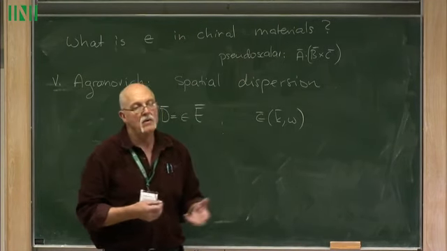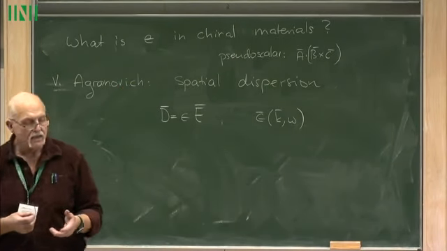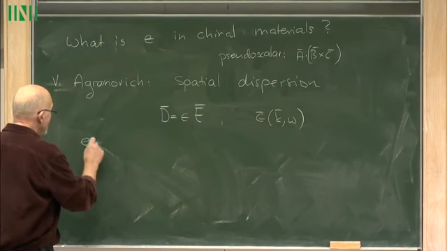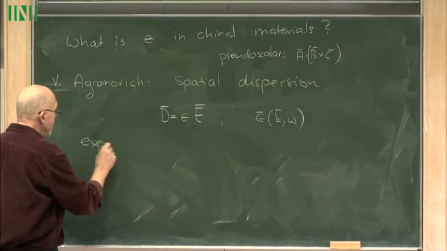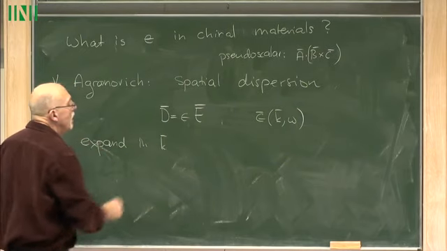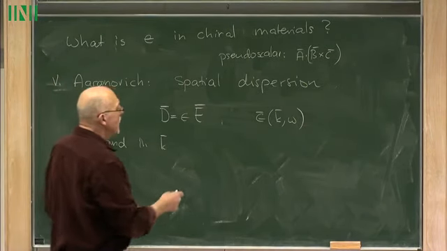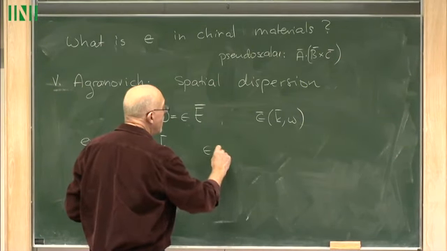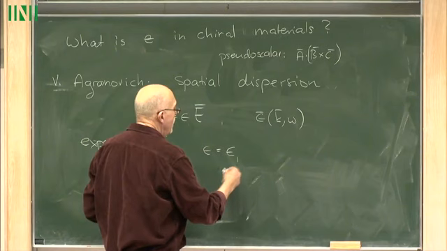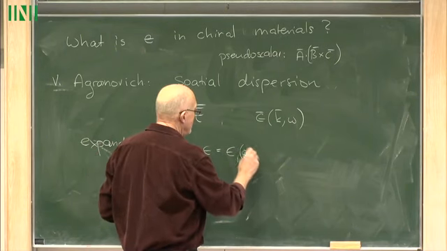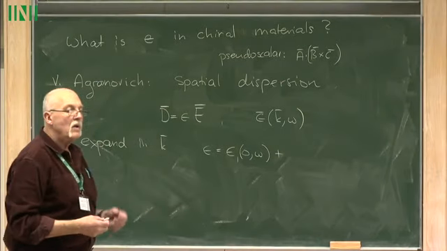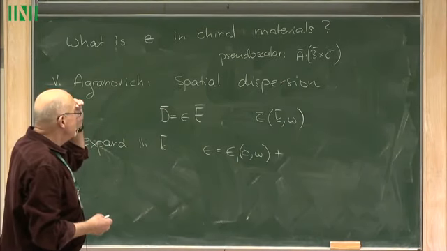Now we don't know really too much about the details of what happens, but the idea is that if epsilon really depends on k, then we can expand in powers of k, and so we would get, for example, epsilon being equal to some epsilon 1, which has no k dependence, and then another term which would have a k dependence.